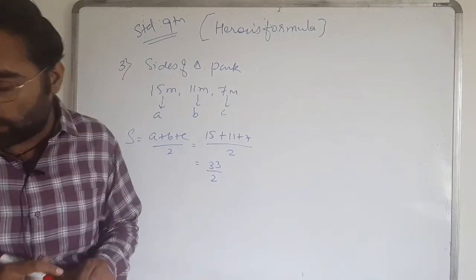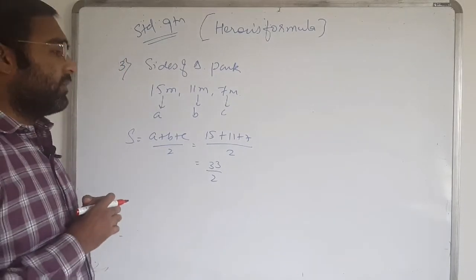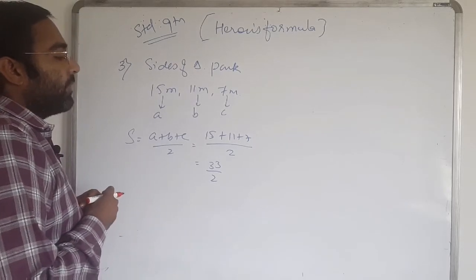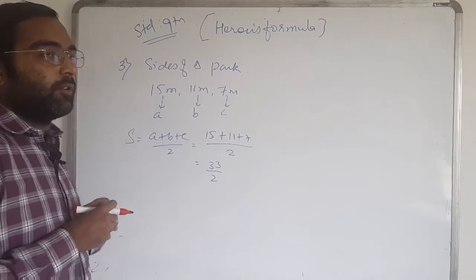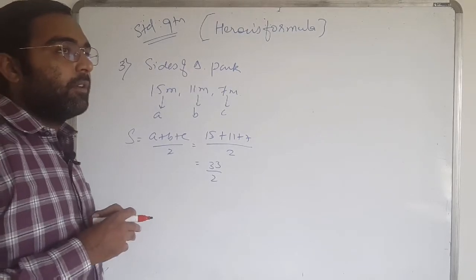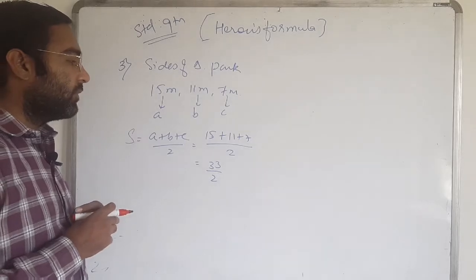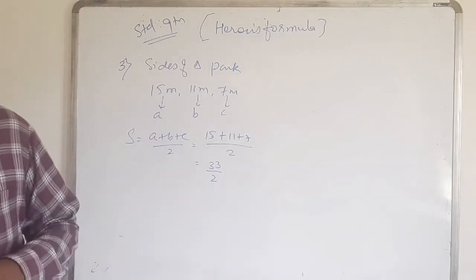Is it 33 by 2? 11 plus 7 is 18, 18 plus 2 is 20, 20 plus 3 is 23, 23 plus 10 is 33.